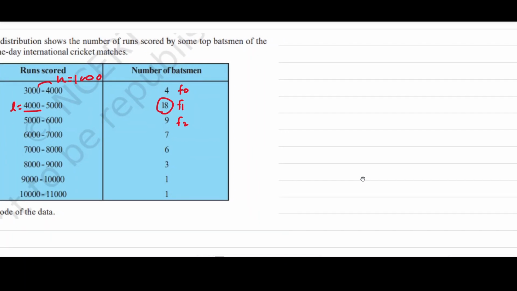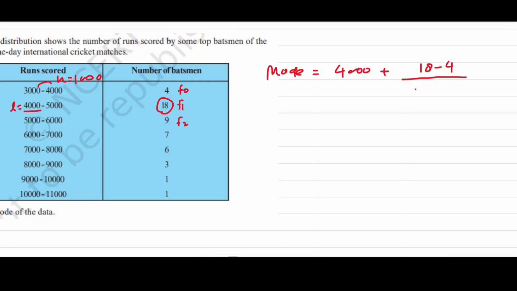Now find out the value of mode. So that is very simple. First, what is the value of L? That is 4000 plus F1 minus F0. So first subtract, then F1 minus F0, that means 18 minus 4.